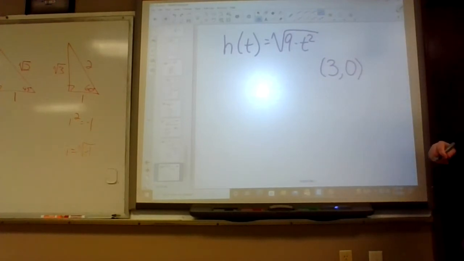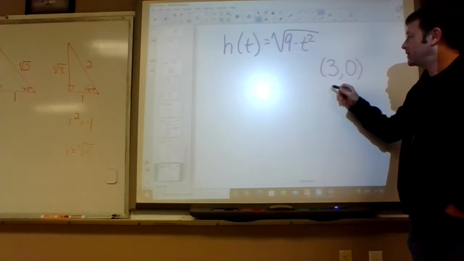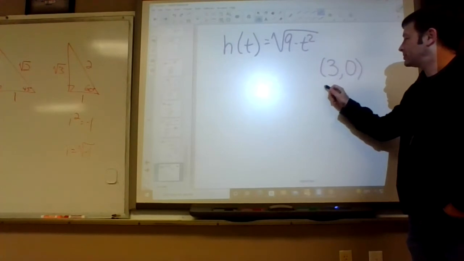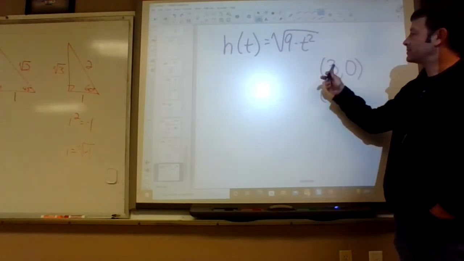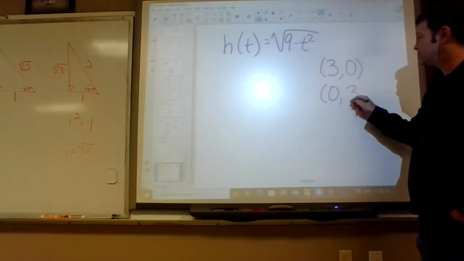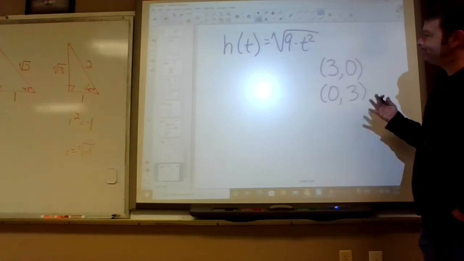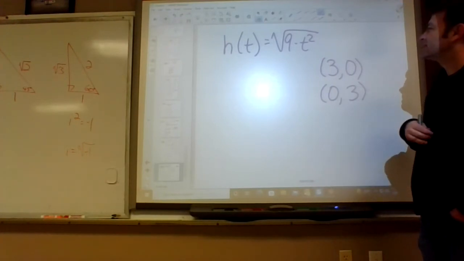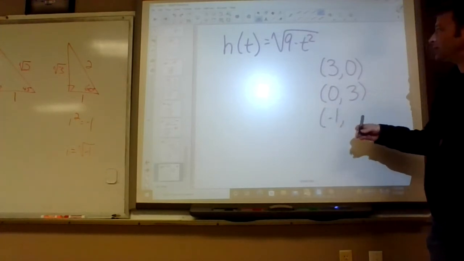Nothing else works out really nicely, but 0 works out okay, I guess. If I put in 0, you get 3. What if I put in negative 1?